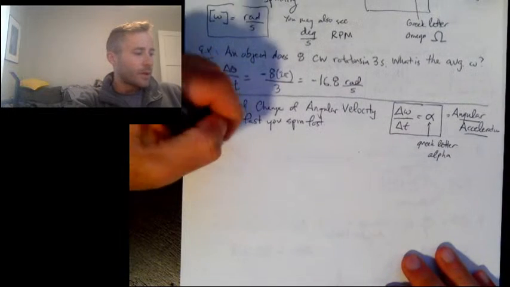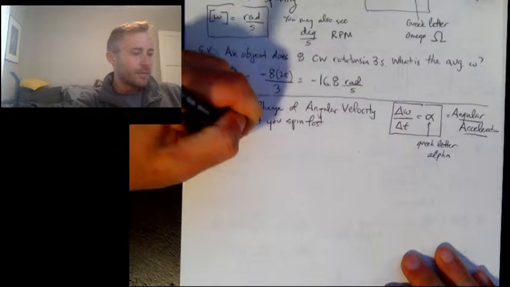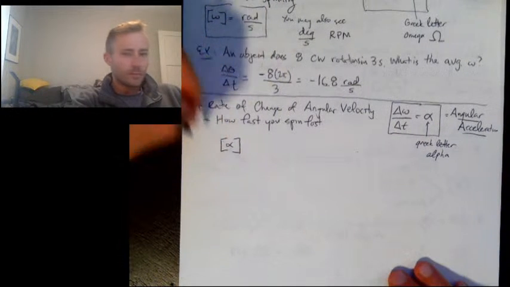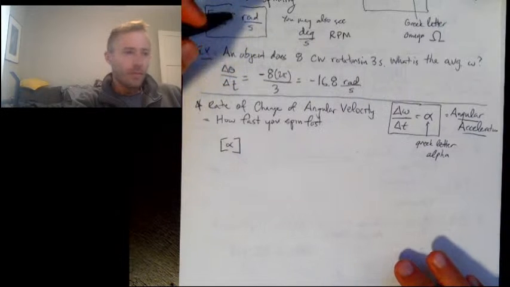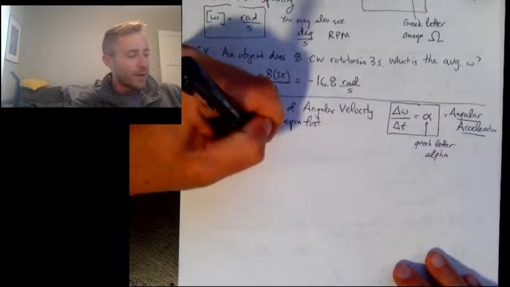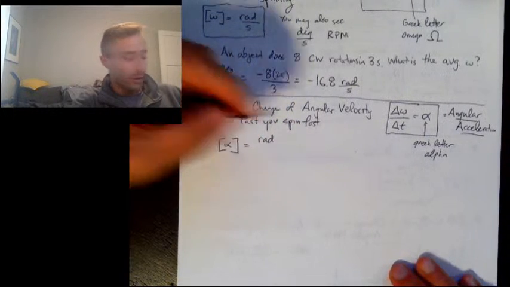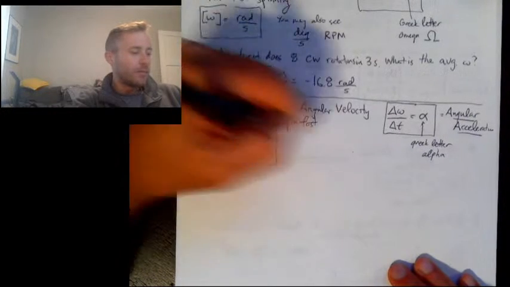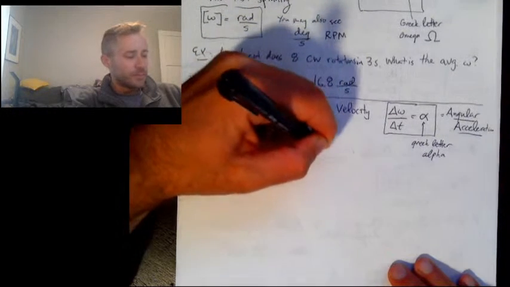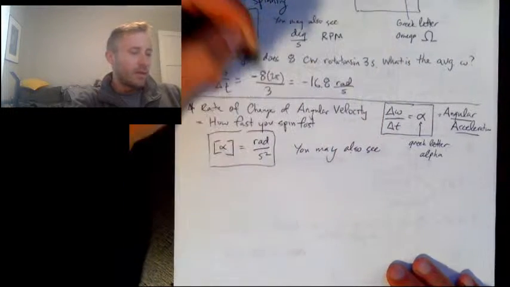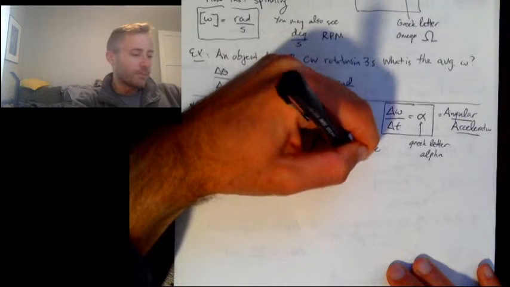So the units of angular acceleration are radians per second squared. You may also see degrees per second squared.